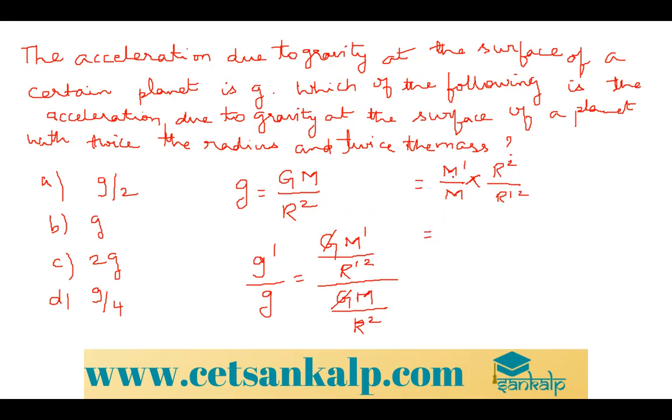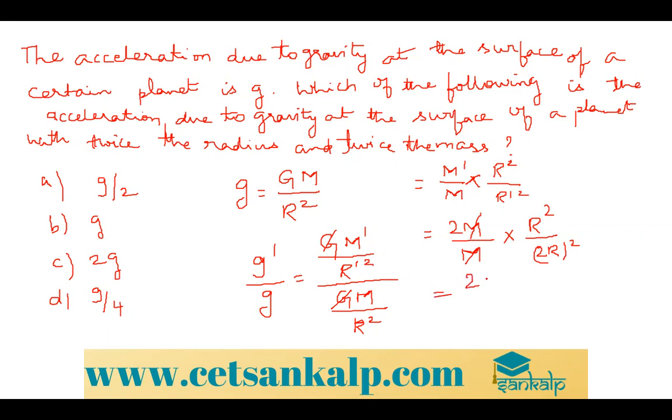Already they have given m dash is twice the mass, so 2m divided by m into r square divided by (2r) the whole square. M and m get cancelled.